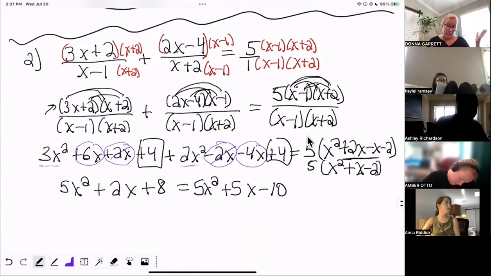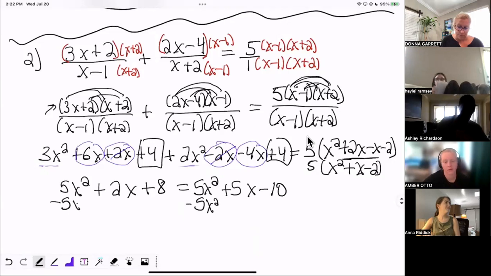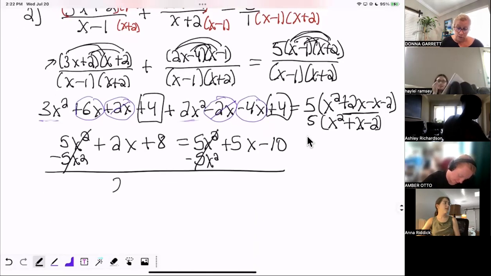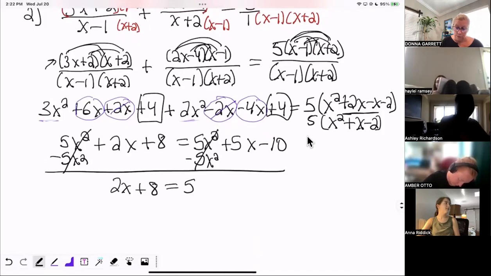Now we want everything on one side, maybe, because I see something's going to happen. What happens if I subtract 5x squared? Gone, done. So what I really have left now is 2x plus 8 equals 5x minus 10.